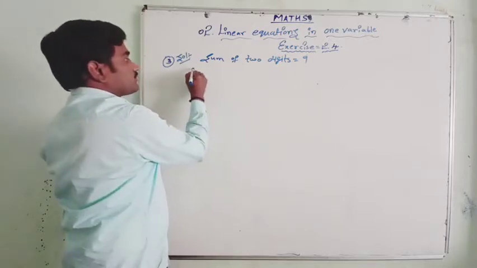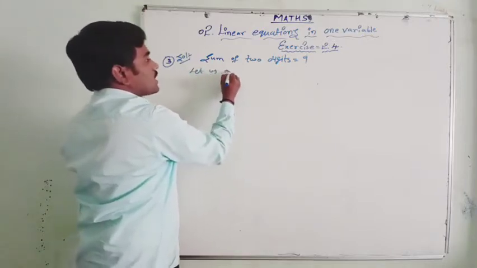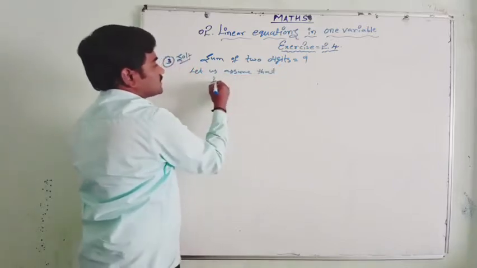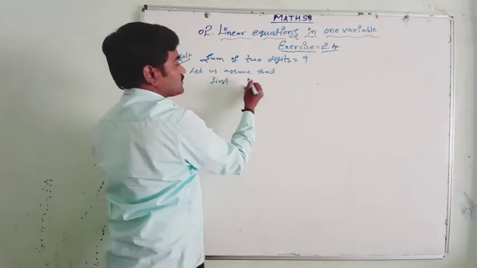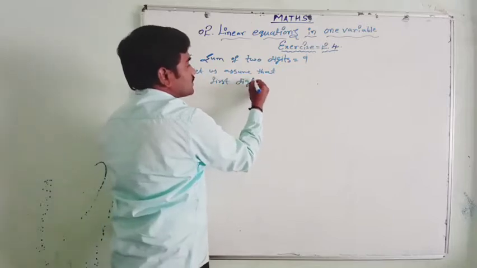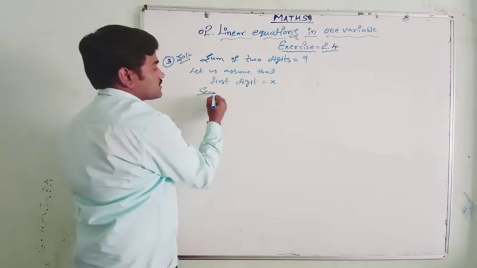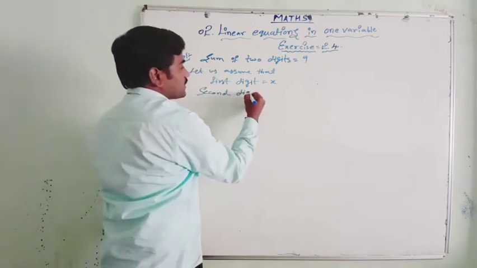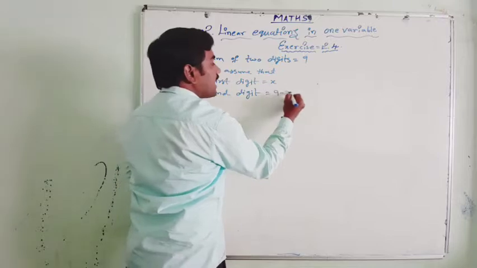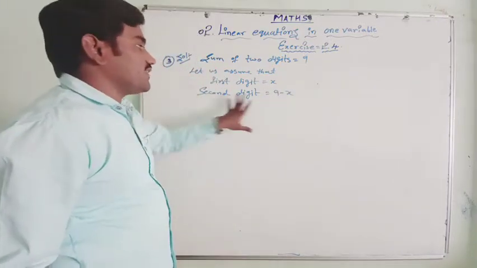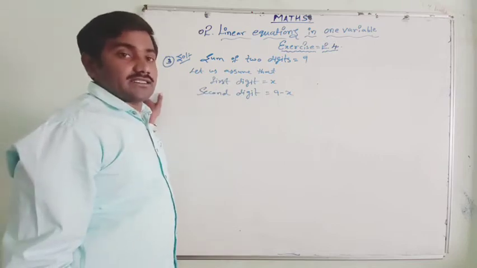So let us assume that the first digit equals x. Then the second digit equals 9 minus x. So this we got. The first digit will be x and the second digit will be 9 minus x.